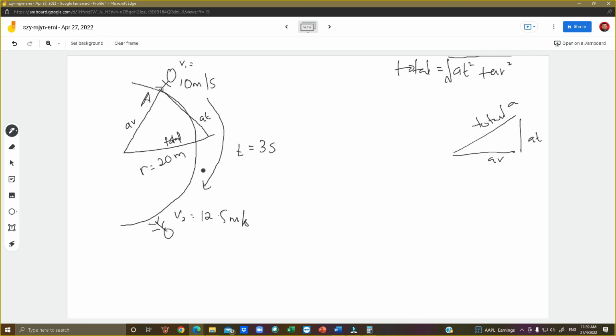Okay. Apa lagi? Silakan lah. Apa yang kita ada kat sini? Apa yang paling mudah untuk kita cari dulu?